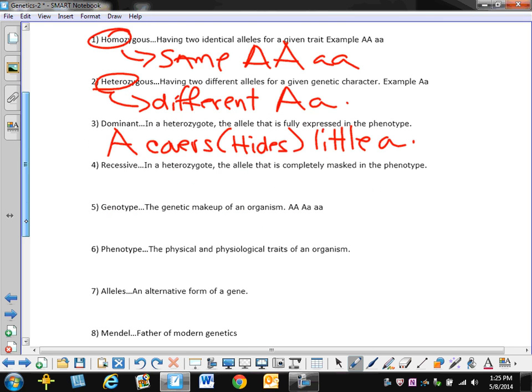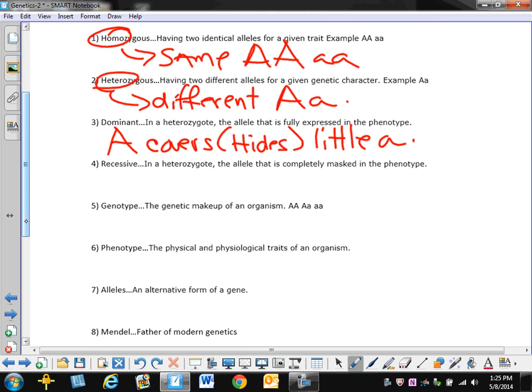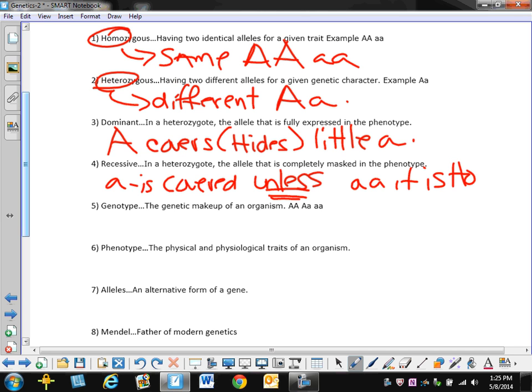Recessive. Recessive is covered or hidden unless it's homozygous. Homozygous, then it's going to show.